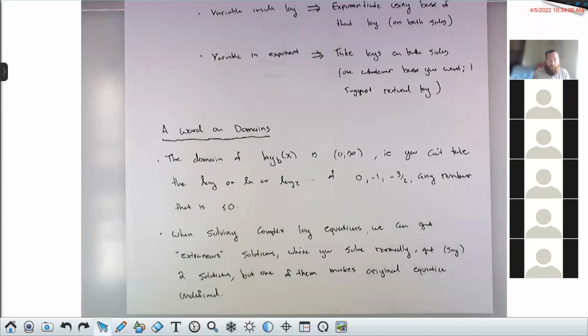Because in your log equation, you have logarithms, and maybe you get an answer out that makes the inside of one of those logarithms 0, or makes the inside of one of those logarithms negative. And we know you cannot take the logarithm of a negative number.